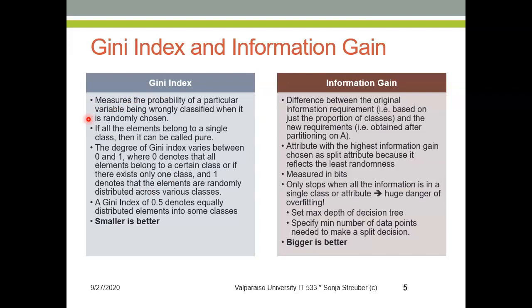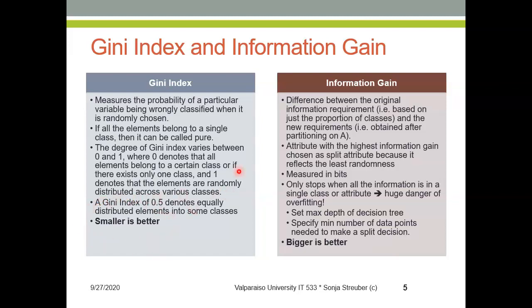Since we're dealing with probability, we're also dealing with numbers between 0 and 1, where 0 or any number close to 0 indicates that all elements have been correctly classified. In Gini index language, that's also called 100% purity. And 1 means that elements have been randomly classified. Now, as you can already tell, for Gini index, smaller is better.